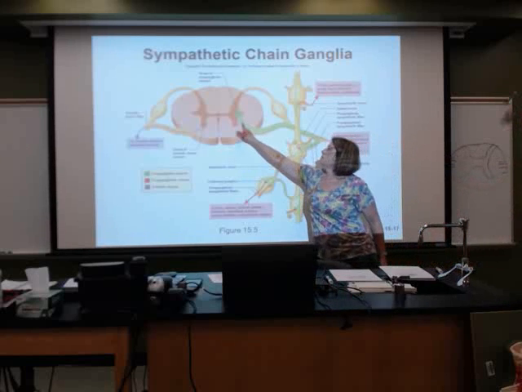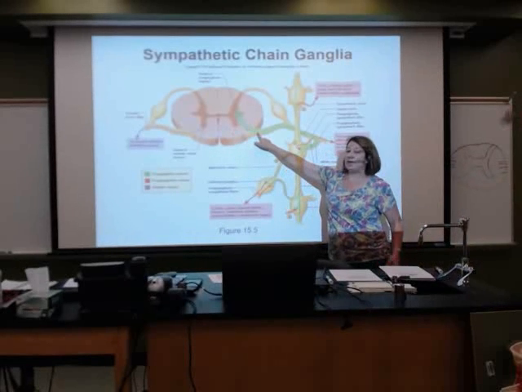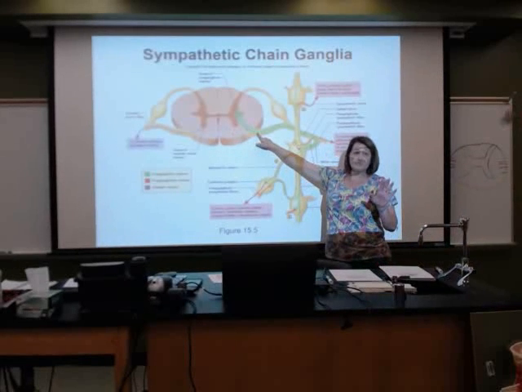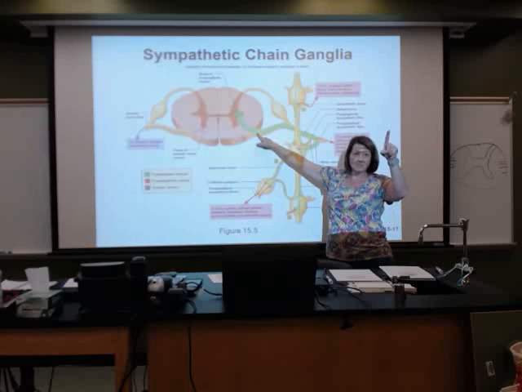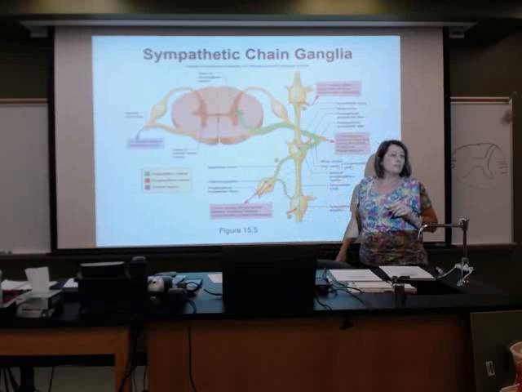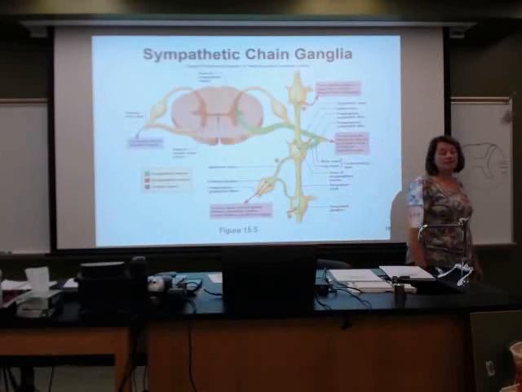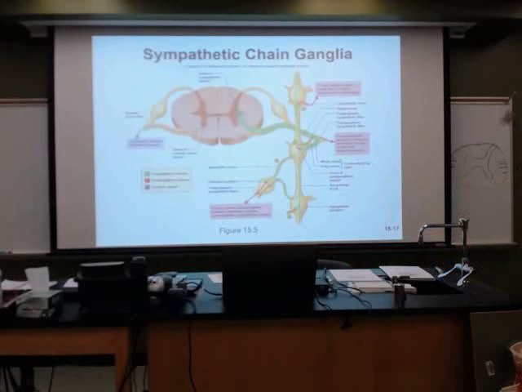Now, let's follow the third path. Okay, did you have a question? Basically, what is the impulse? This is what's coming from the areas of the brain that need to affect a particular organ.